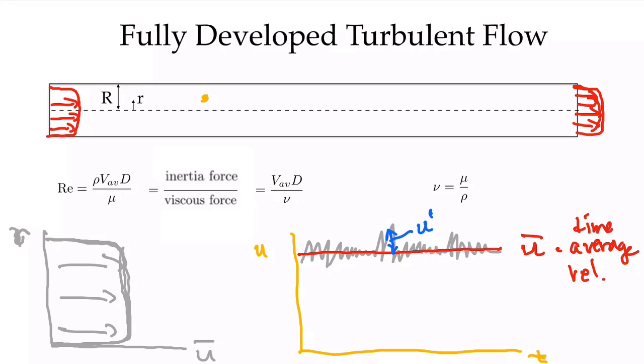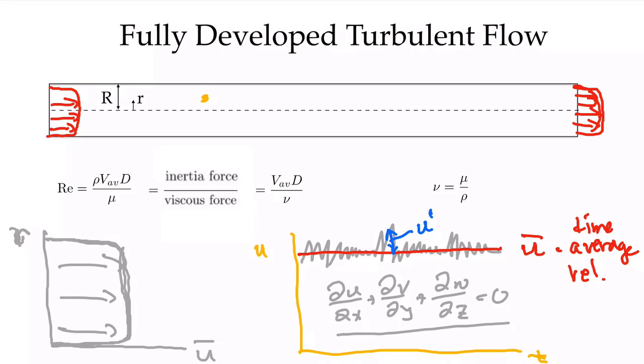Remember our conservation of mass equation, du/dx plus dv/dy plus dw/dz is equal to 0. That was our conservation of mass equation. And if we have this fluctuating velocity component in the u component, it must be balanced in order to conserve mass.